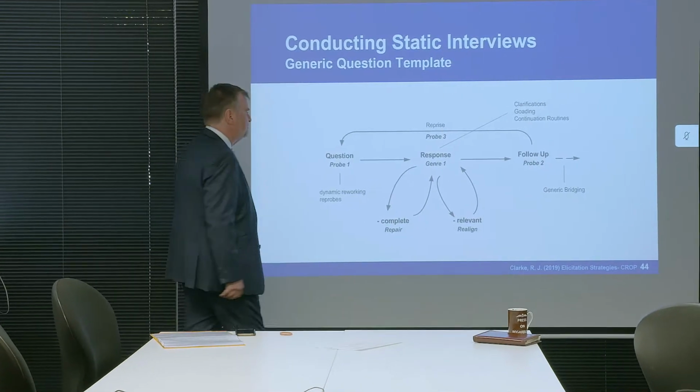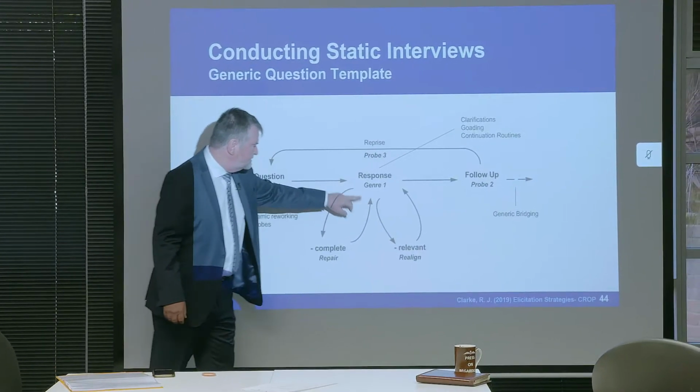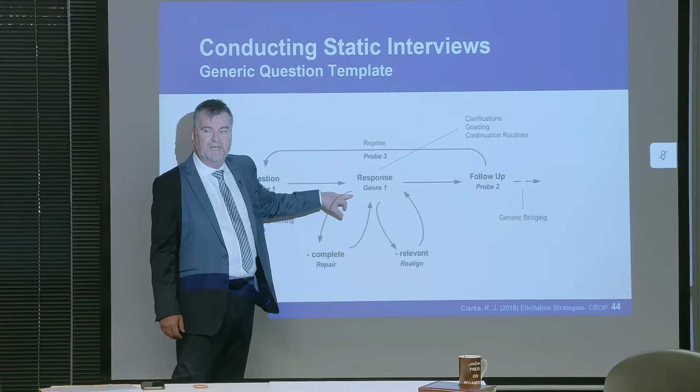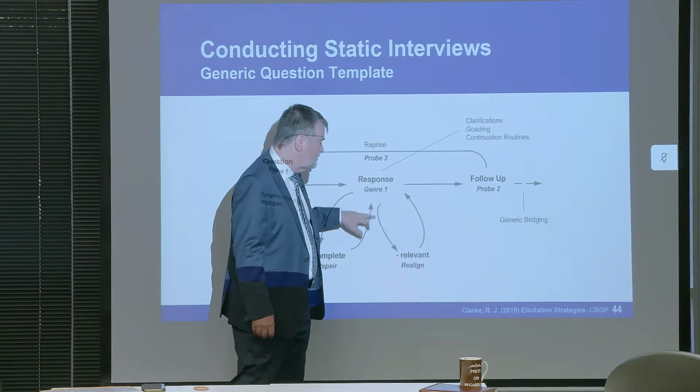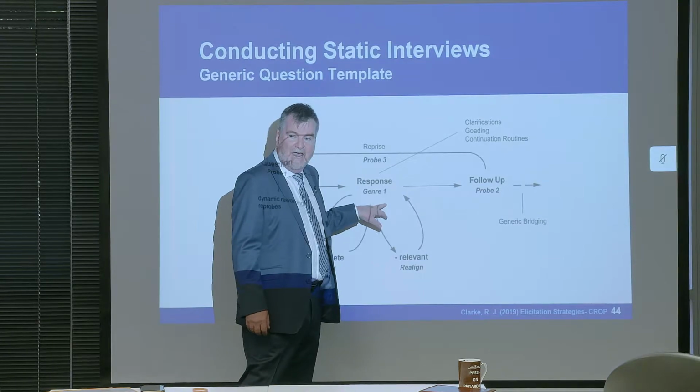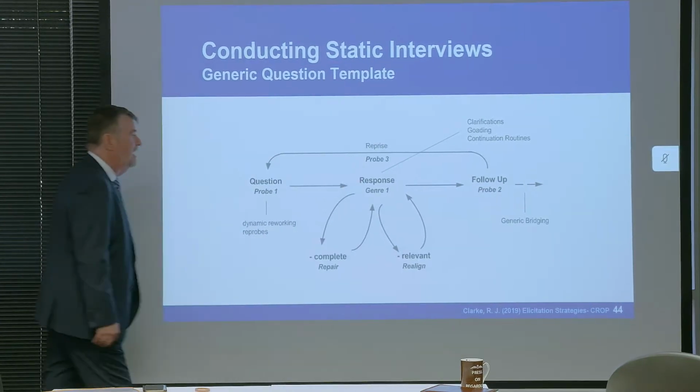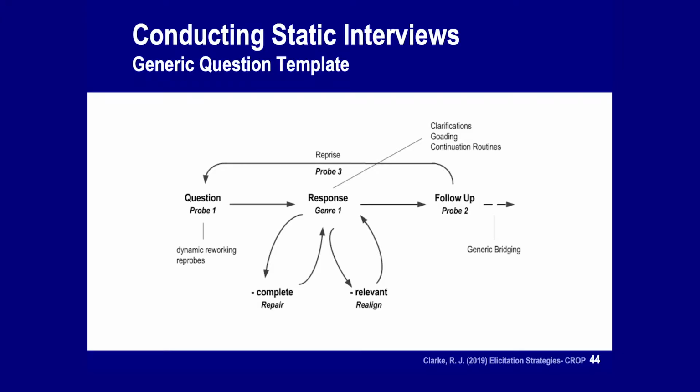If I have problems of completeness, then I issue the associated repair. If I have problems with the relevance of the answer, then I can realign. And then I have these textual practices, including clarifications, goading, continuation routines, generic bridging, dynamic reworking and reprobes to assist in the process of getting a coherent response from the interviewee.